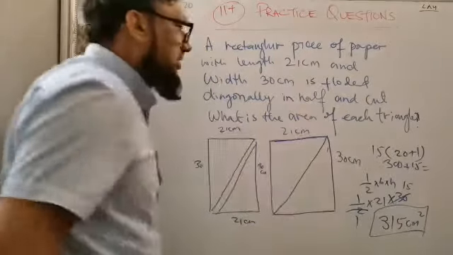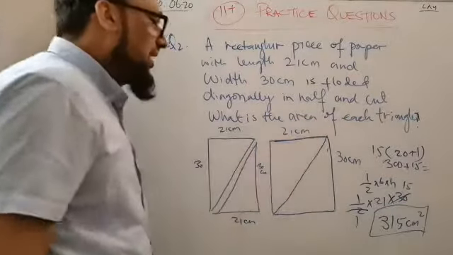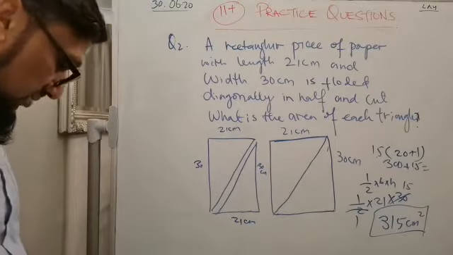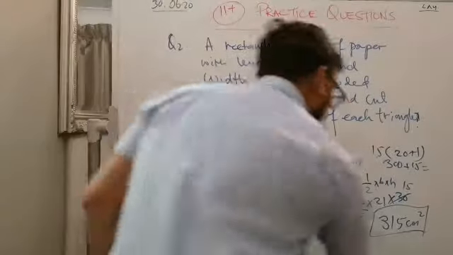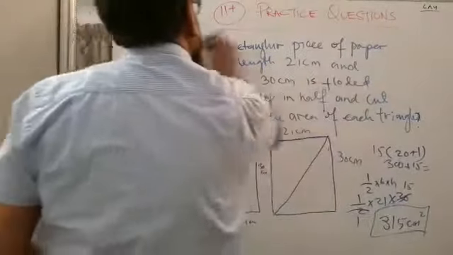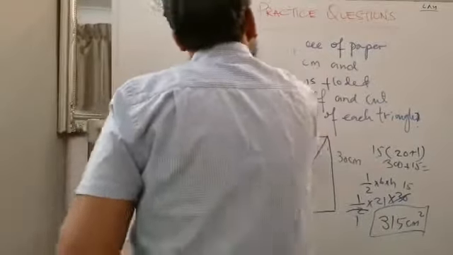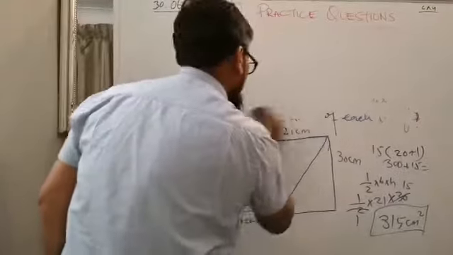And what is the area for each triangle? So we just simply half base times height, and to get the answer 315 centimeter square. Now move for the question number 3. So the question number 3 is very interesting, very simple, but a bit tricky.